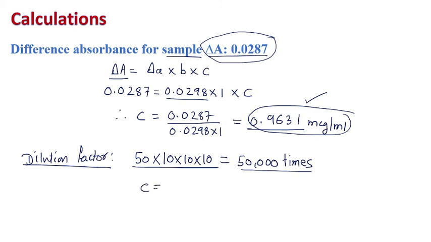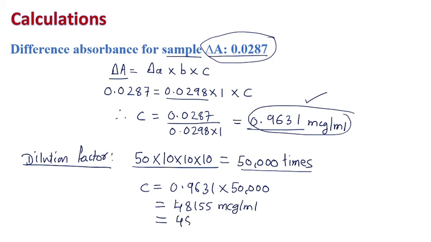So I will write here 0.9631 multiplied by 50,000. I will get the value 48155, and again the unit will be microgram per ml. We can convert this into milligrams by dividing by 1000. So it will be 48.155 milligrams per ml. That is the concentration we are getting.